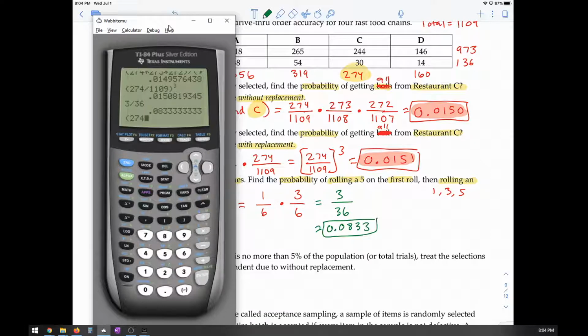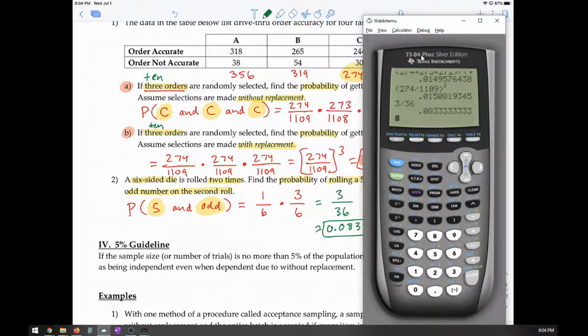So you'd go 274 times 273 times 272, and then times 271, and you would keep going until you did it 10 times. And then the denominator would be 1109 times 1108 times 1107 times 1106, and you'd do that until you get 10 numbers, and it'd be cumbersome. The math itself is kind of cumbersome. Whereas over here, all you have to do is open parentheses 274 over 1109, close parentheses, and then raise to the 10th power.